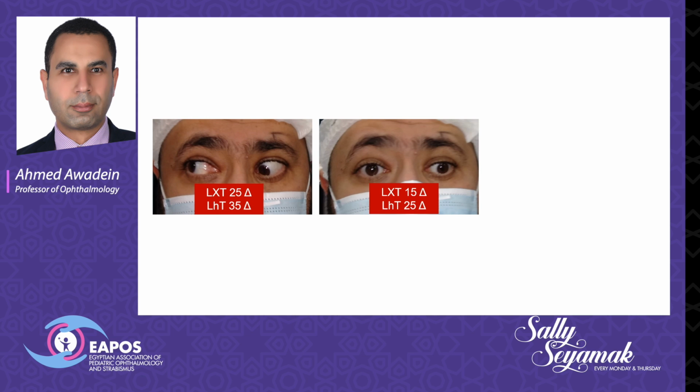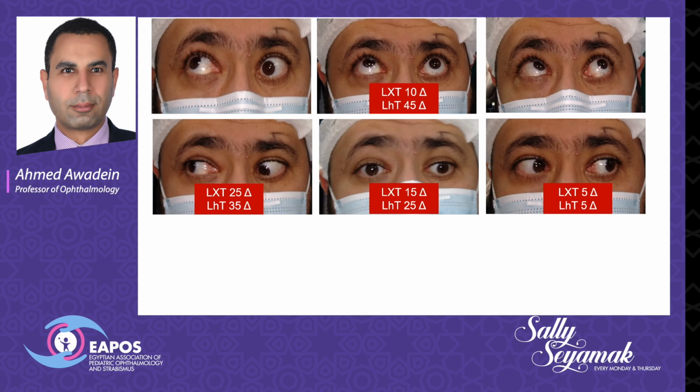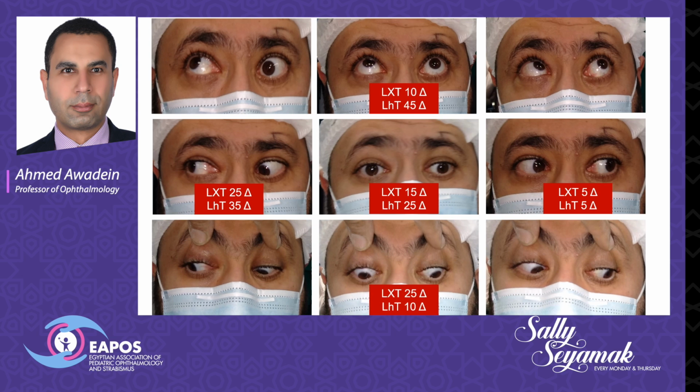Both the exo and the hypotropia increased in right gaze and decreased in left gaze. In up gaze, there was marked increase in the hypotropia, while there was a reduction of the hypotropia in down gaze. This was associated with a small A pattern.